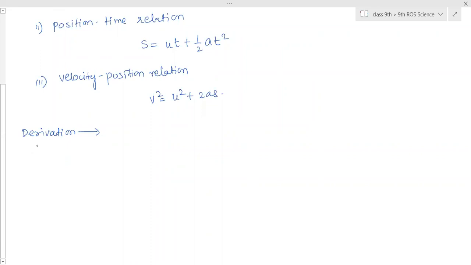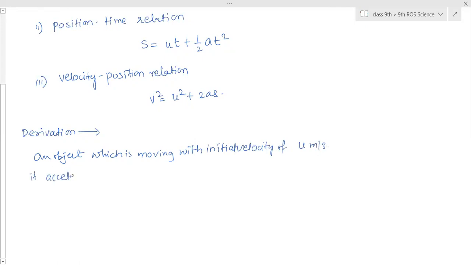So we have to consider a condition: an object which is moving with an initial velocity of u meter per second. It accelerates now, that means it increases speed, at the rate of a meter per second square.